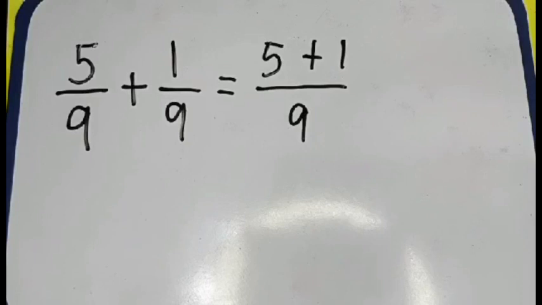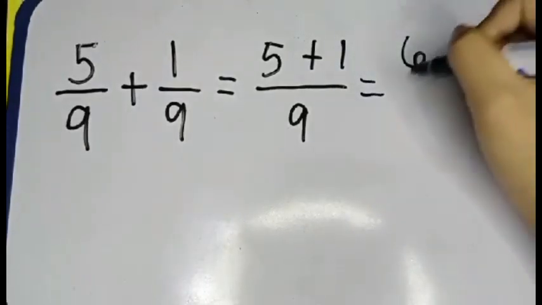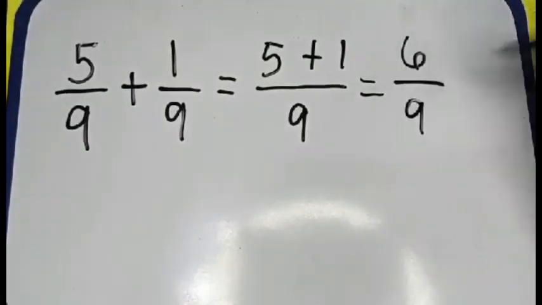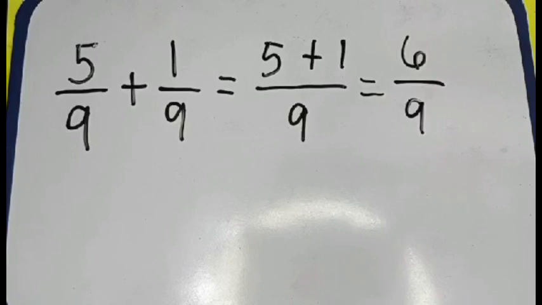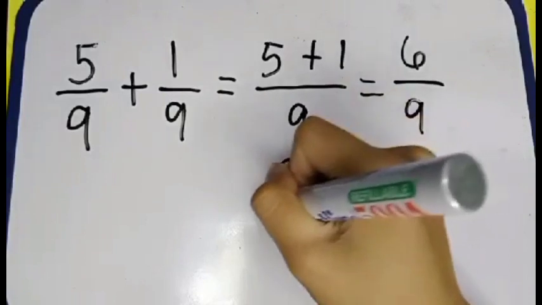So, 5 plus 1 is equal to 6. Then, the denominator is 9. That's why we have 6 over 9. But don't forget to simplify. 6 over 9 ay pwede pang masimplify. So, our final answer is 2/3.